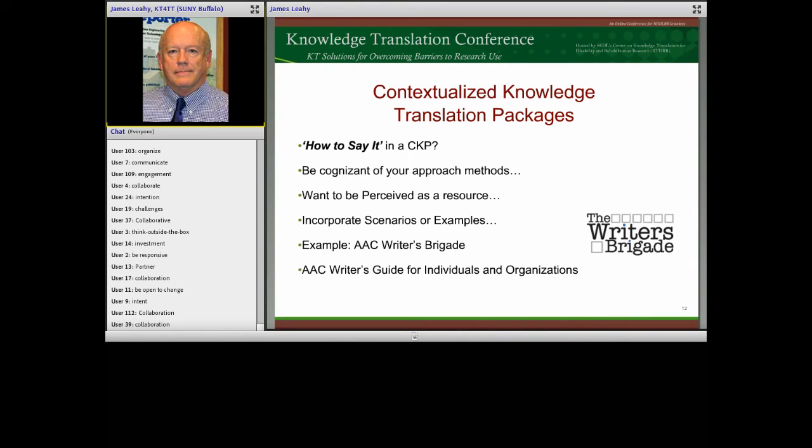It was written by Johanna Schwartz and Sarah Blackstone as a step-by-step guide describing how to set up a writer's brigade to write and publish articles about research and development activities that are meant to have a positive impact on the lives of individuals with disabilities. This guide systematically explains how to include people with disabilities in the transfer and translation of research.